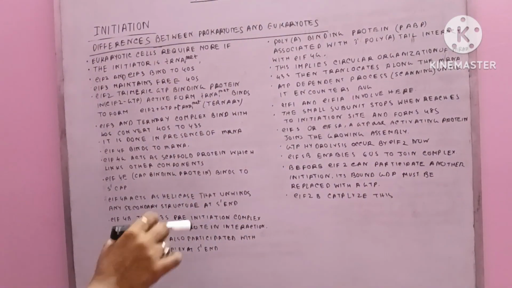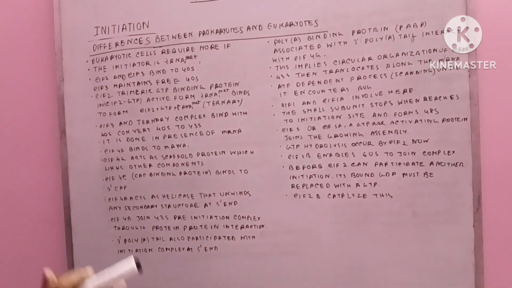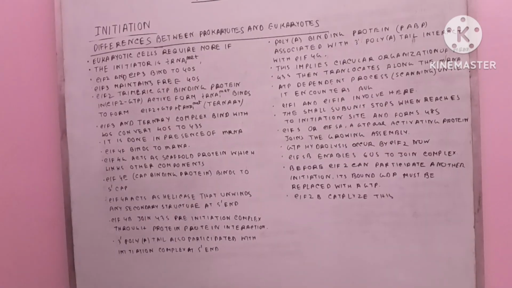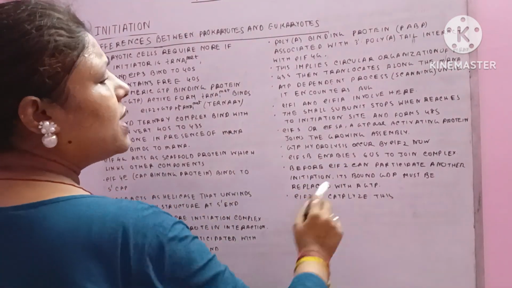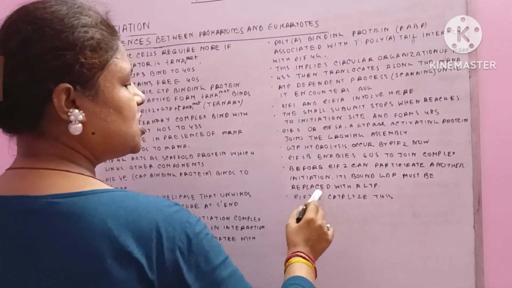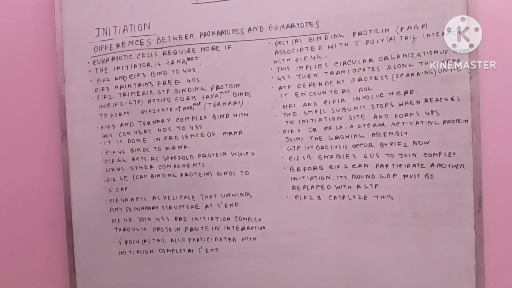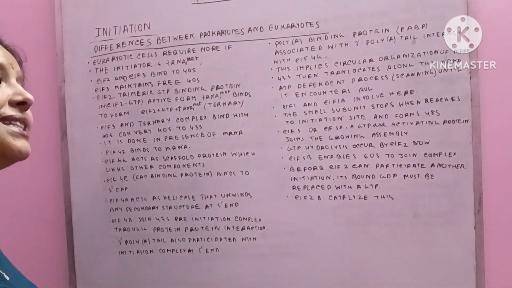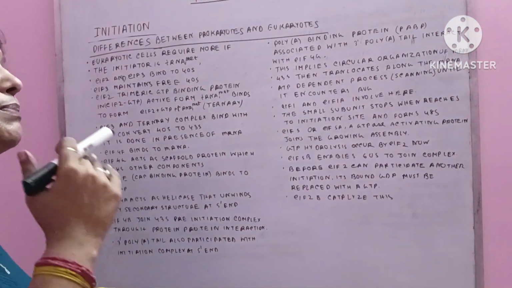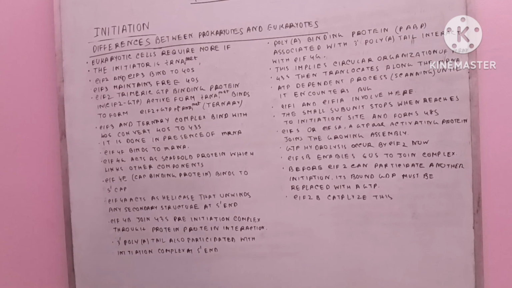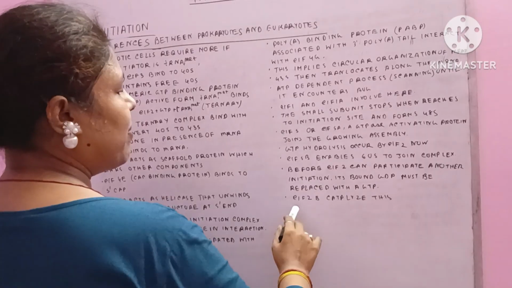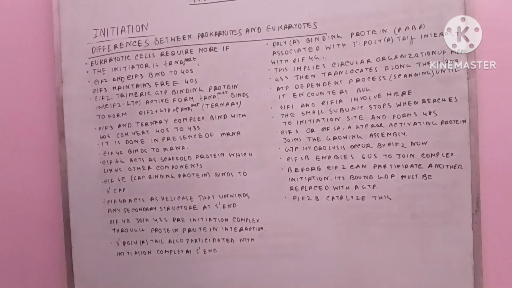After all these steps, the large subunit, the 60S, joins the complex. Before EIF2 can participate in another initiation, its bound GDP must be replaced with GTP, because without replacing GDP by GTP, EIF2 cannot participate in another initiation process of translation. This is done by the EIF2B factor.